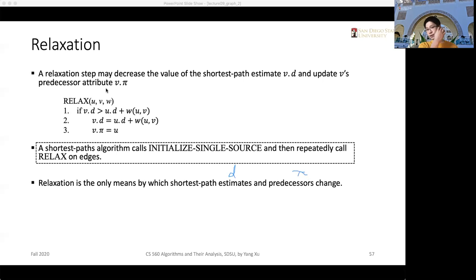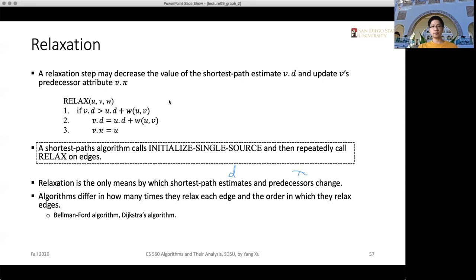Outside this relax procedure, there is no place where D or pi will be changed. Bellman-Ford and Dijkstra only differ in how many times they relax each edge, and the order in which they relax edges. That is the essential difference between the two algorithms.